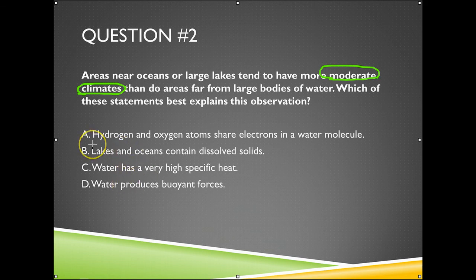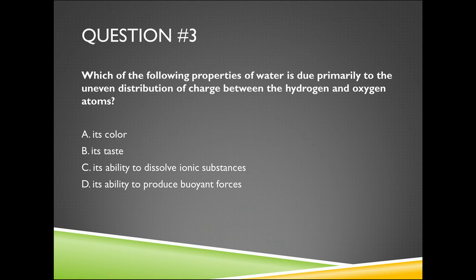So let's look for something that has to deal with that unique property of specific heat. If we look through, only C has anything to do with high specific heat. Water has a very high specific heat, and that's exactly true. So C would be our correct answer.